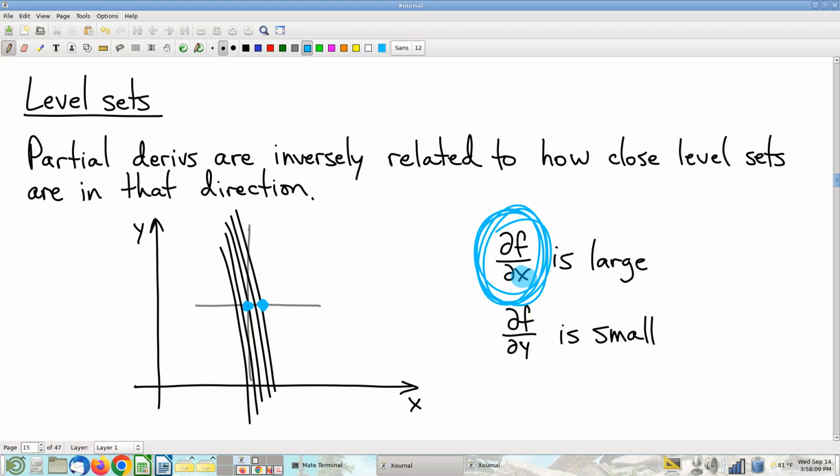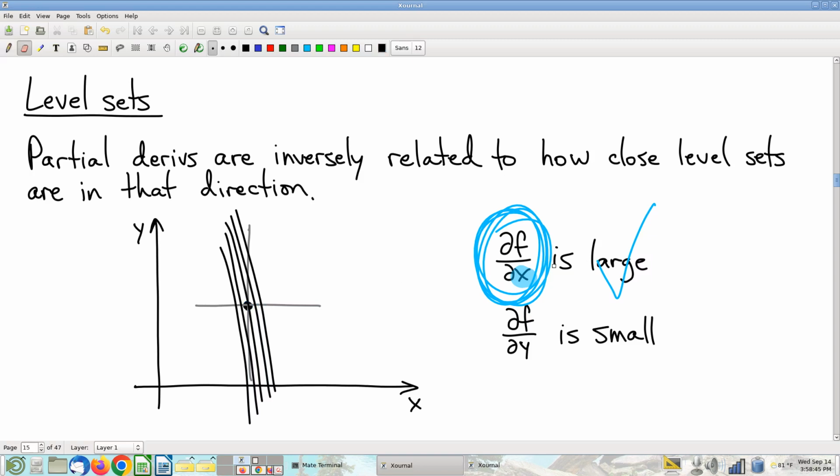So each one of these contour lines you can think of as being maybe, let's say, 100 feet. So as I move from there to there, notice that my input change is small. I didn't move very far in the x direction. Small input change, and I gained 200 feet of altitude. I'm going to call that a large output change, and that's a large fraction. A lot of output change for a small input change.